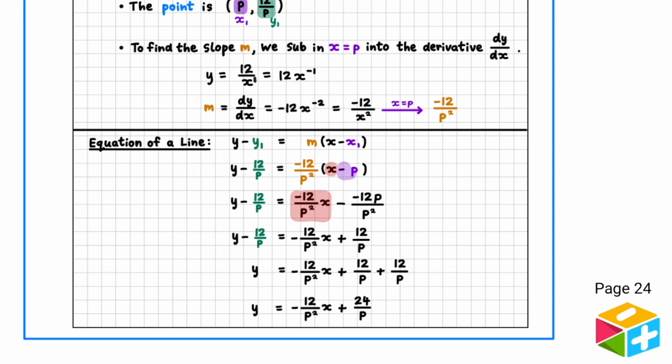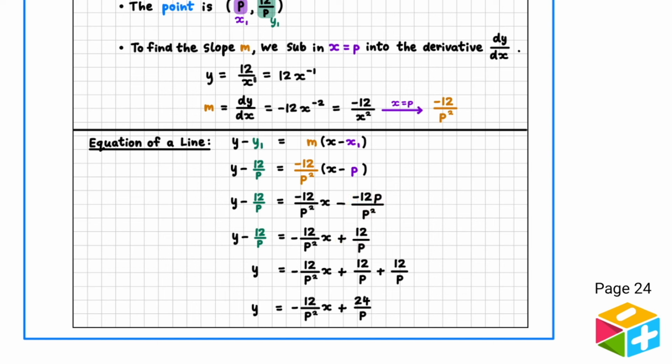Minus 12 over p squared times minus p gives us minus 12p over p squared. The two minus signs here combine to give us a plus, and we can cancel the p above the line with one of the p's below the line.